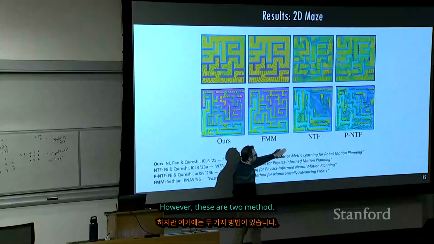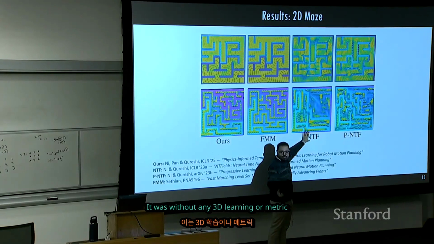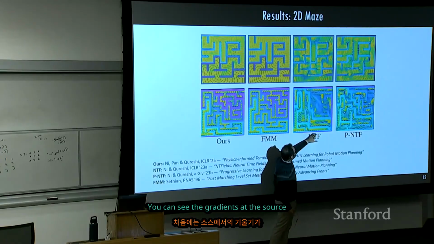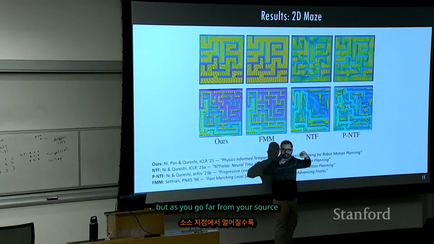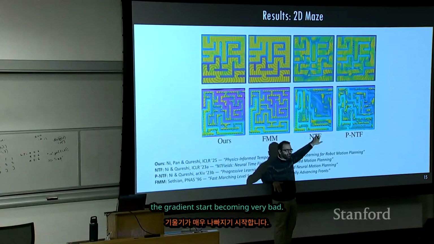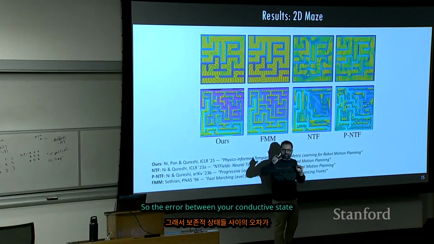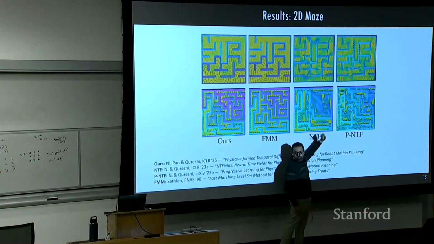However, these are two methods. It's our first method. It was without any TD learning or metric learning. You can see the gradients at the source at the beginning are very good, but as you go far from your source point, the gradients start becoming very bad. So the error between your conjective states starts propagating and everything goes wrong.